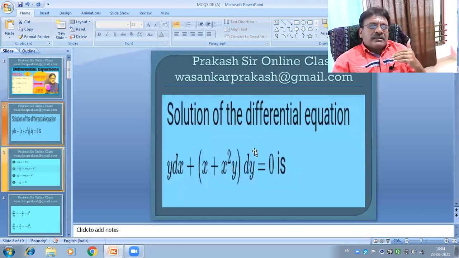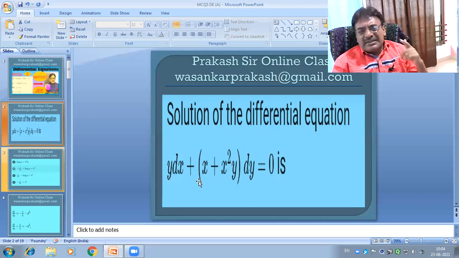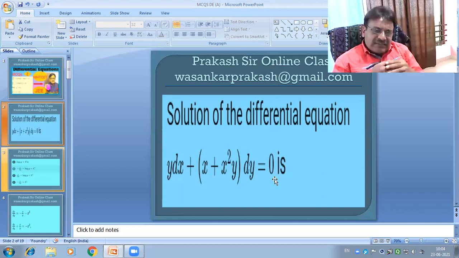So here, the given differential equation is y dx plus x square y dy equals 0. So we solve this differential equation.